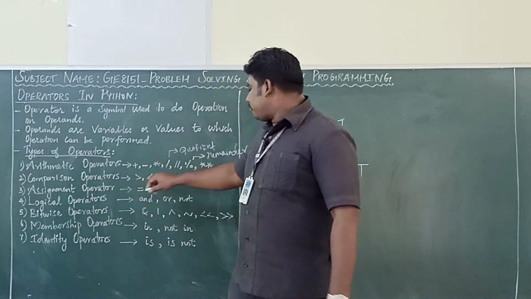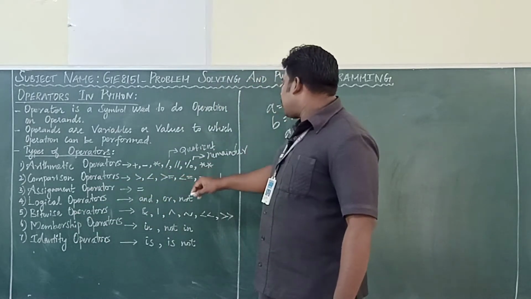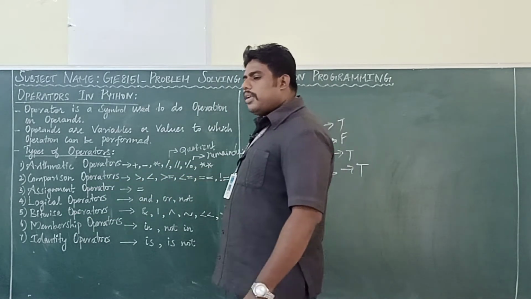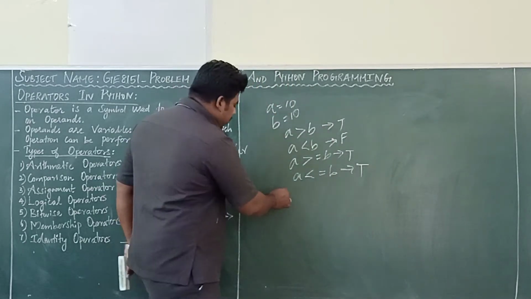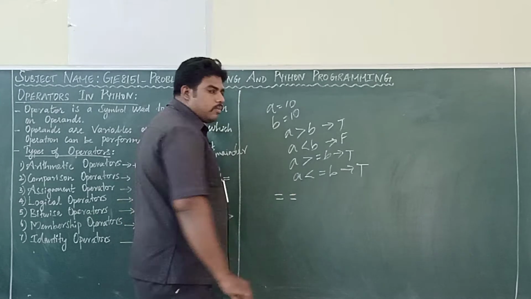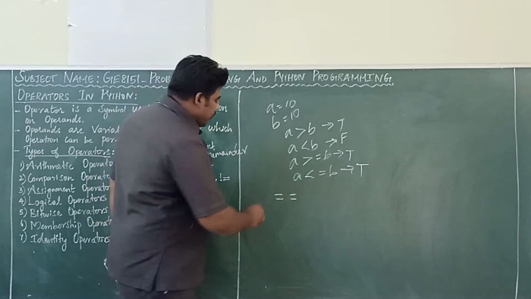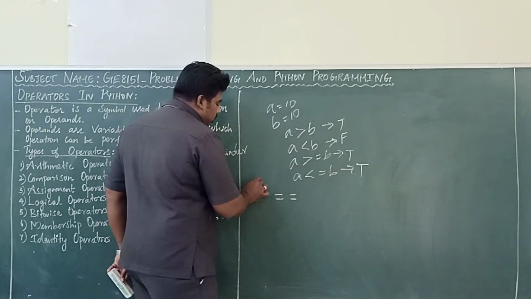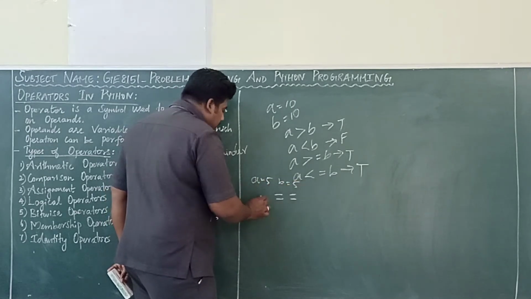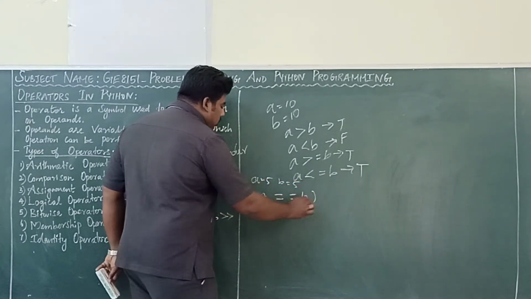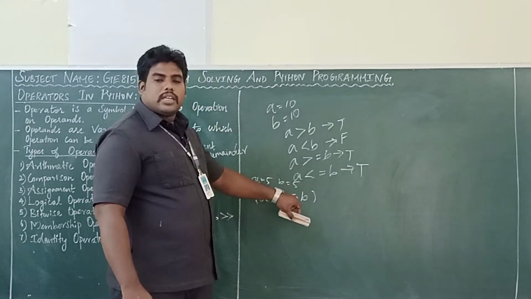So less than, greater than, less than or equal to, greater than or equal to. What is this double equal to symbol? Anyone? It's nothing but you are checking. For example, A equal to 5, B equal to 5. So A equal to B, whether it is true or false?